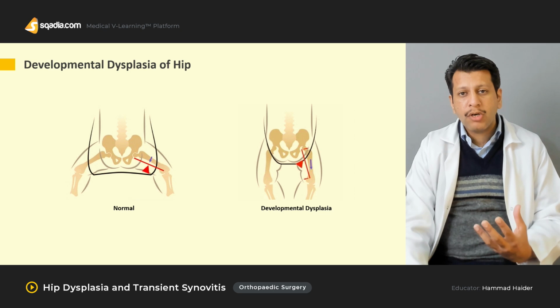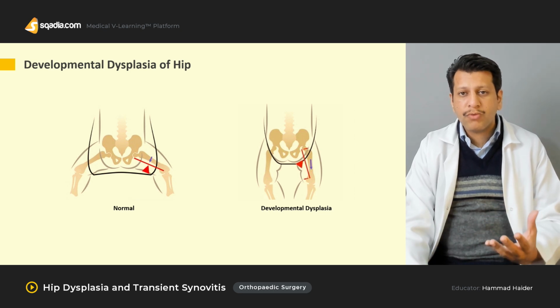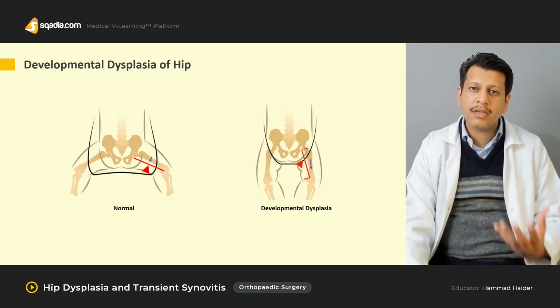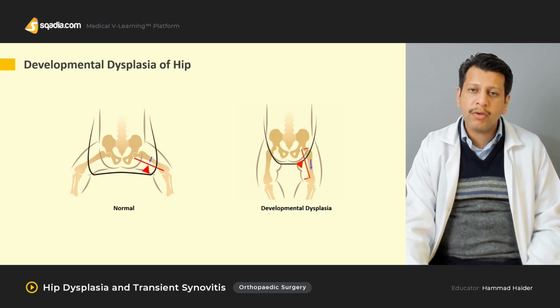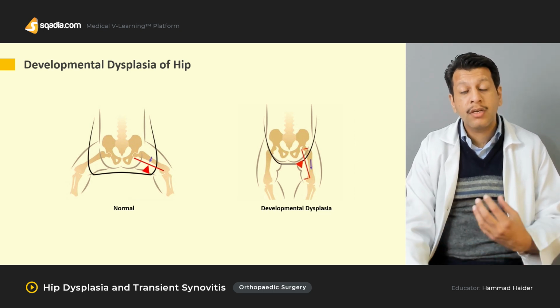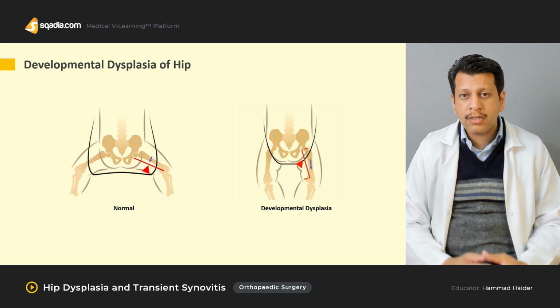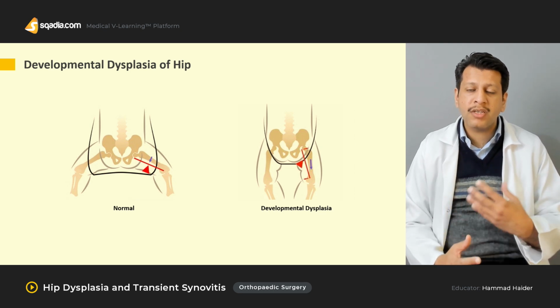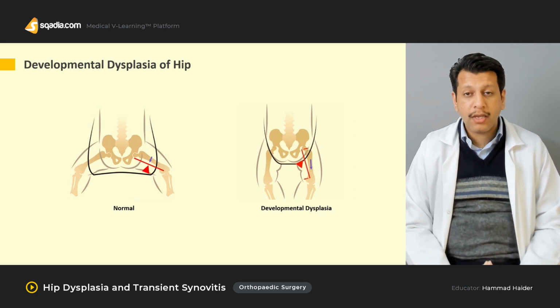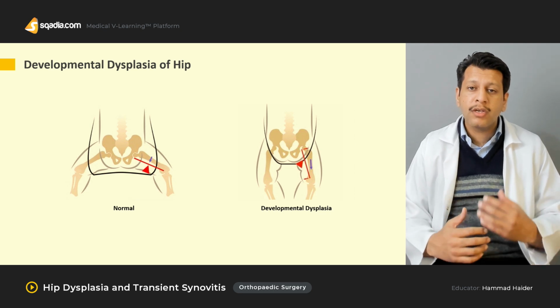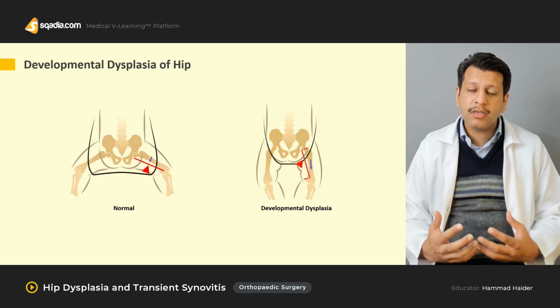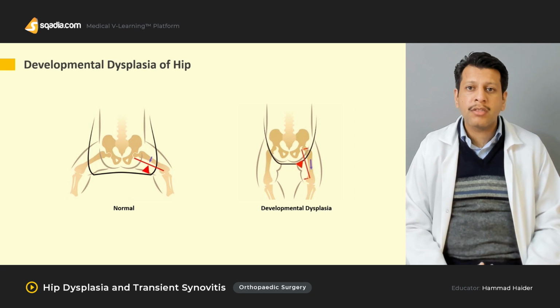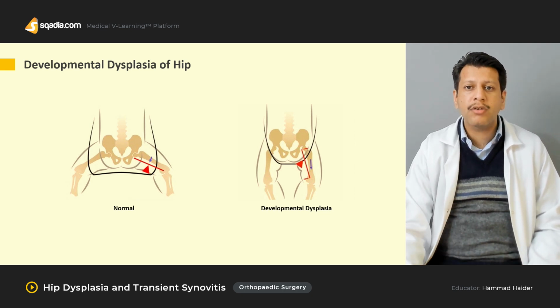So it is important to understand that initially it was called CDH or congenital dysplasia of the hip, but now it is called developmental dysplasia, and is associated with certain packaging disorders, especially CMT, metatarsus adductus, and other problems such as increased femoral anteversion and increased tibial internal torsion.